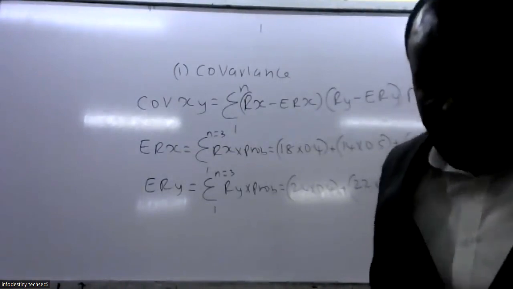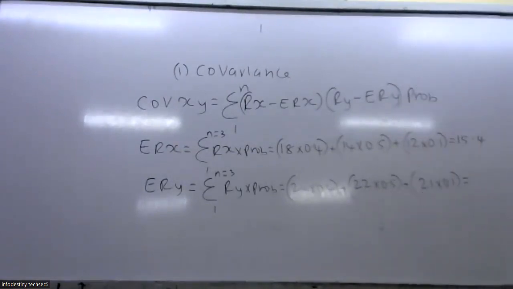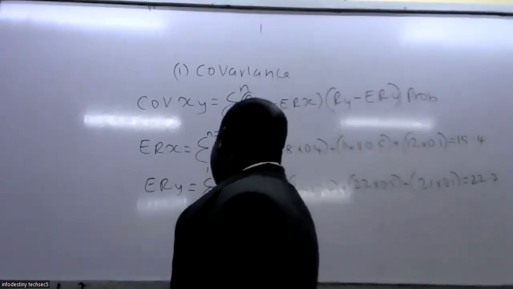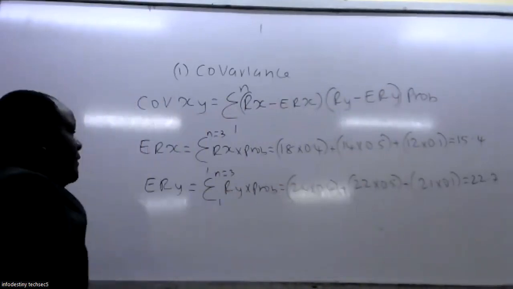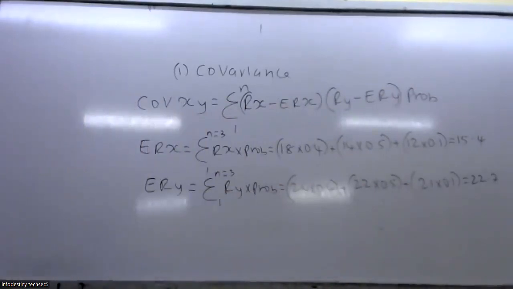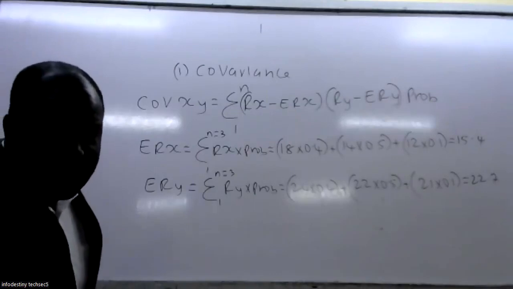Then the next one is supposed to give you 22.7. So after that, we can now get the covariance between X and Y. After you have calculated the expected returns, we should now get the covariance.